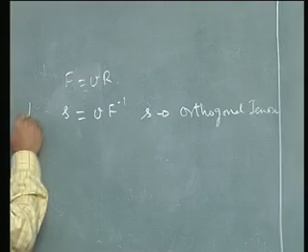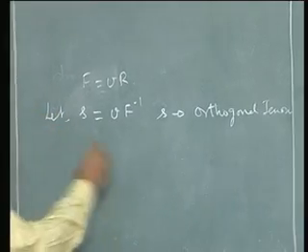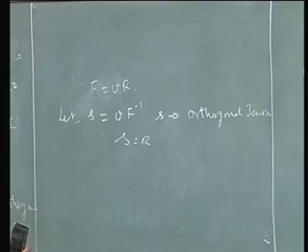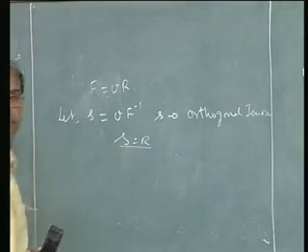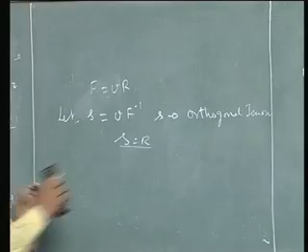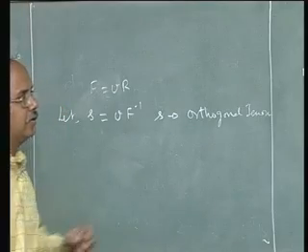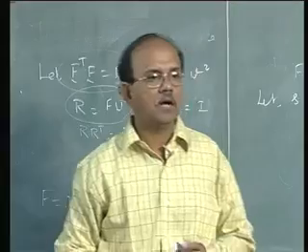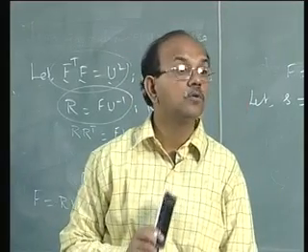Let, I am saying let. Now my job is also to prove that S is equal to R. I will do that later, so the second part of the story we will just keep for a minute. We will first prove the first part, F is equal to RU, by showing that R has to be unique.